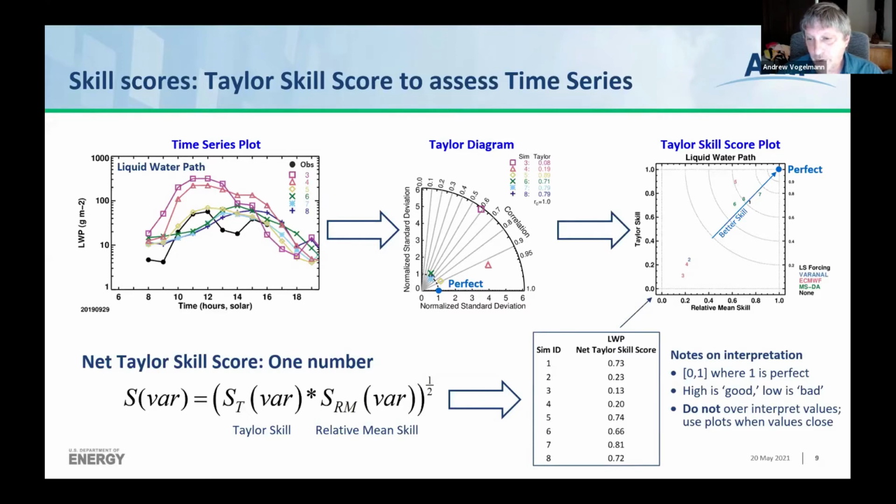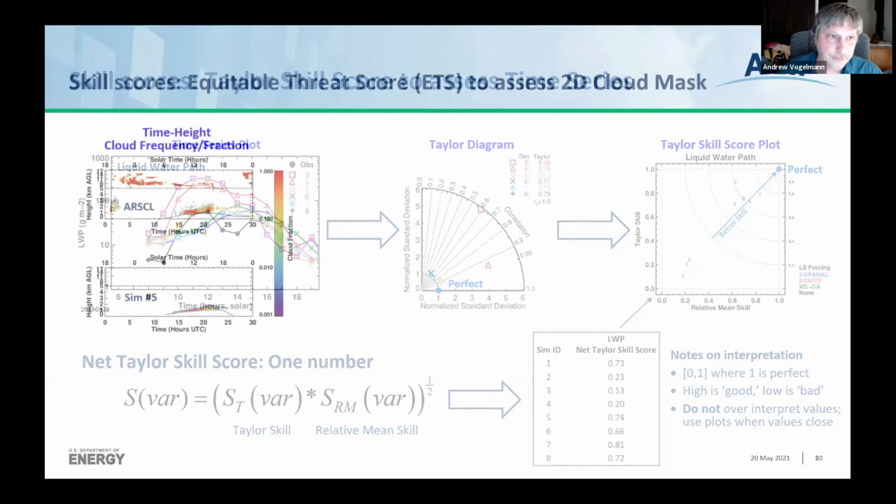High is good, low is bad. And what I mean by that is do not overinterpret the values. If you have values that are relatively close, let's say even within like 0.1 of each other, you do want to take a look at the additional plots to make sure that the visual inspection of the plots agrees with what you're looking for in the simulation.